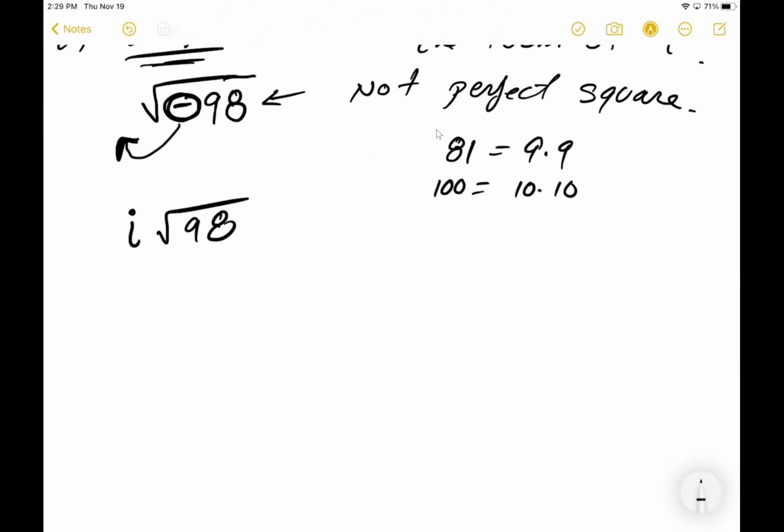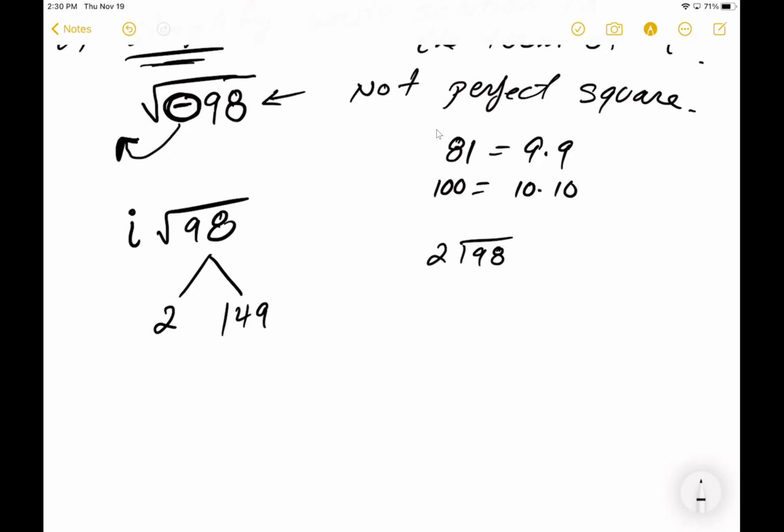If I don't know the multiples of 98, I can break it down by 2. What is 2 going into 98? 98 divided by 2 is 49, and we can stop here.